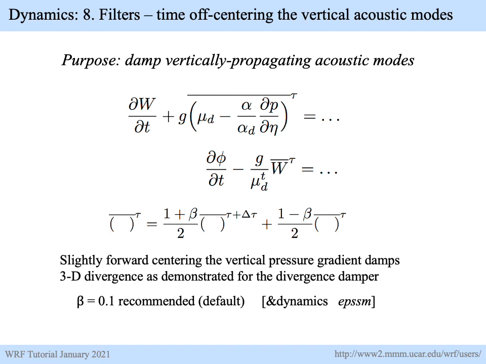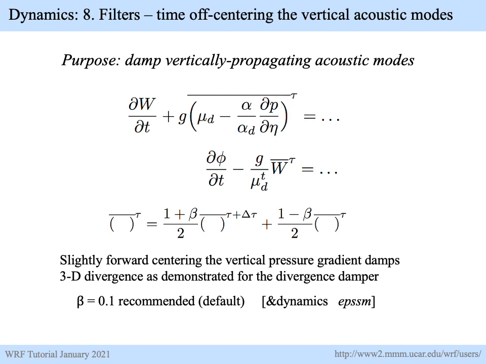And those time averages, the averaging operator, the overbar tau, is given in the third equation on the slide. And essentially, it's just a weighted sum of the new time level and the old time level. By weighting the new time level more than the old time level, you're forward centering that operator. And that introduces damping into the system for the vertically propagating modes.